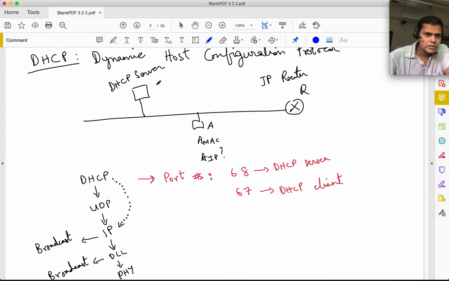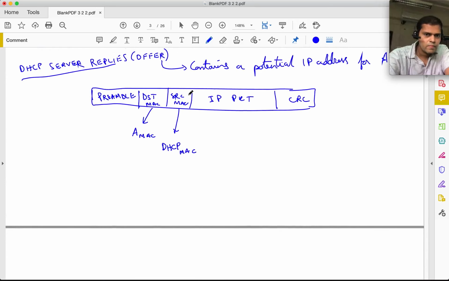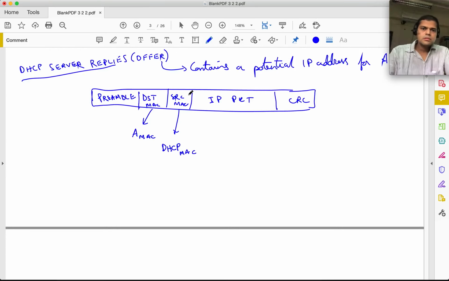So let's just say that this has this IP address and this MAC address. So what about the IP packet? The IP packet also has a source and destination.